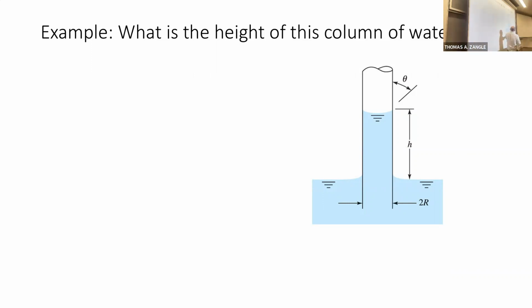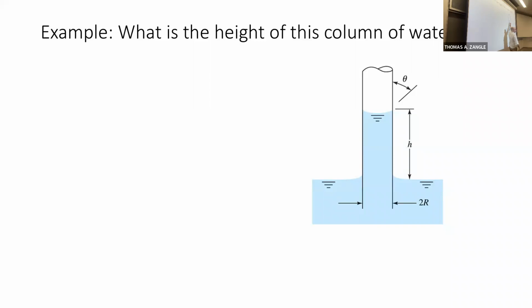We're going to look at the case where the liquid has stopped moving, so we've reached steady state and everything is in equilibrium, or force balance. We can solve a force balance for this fluid.